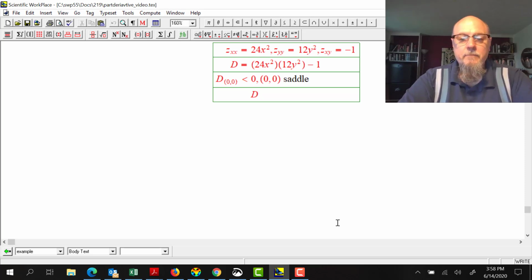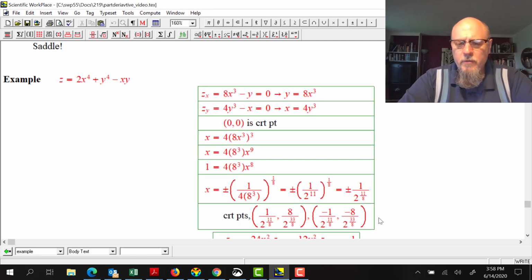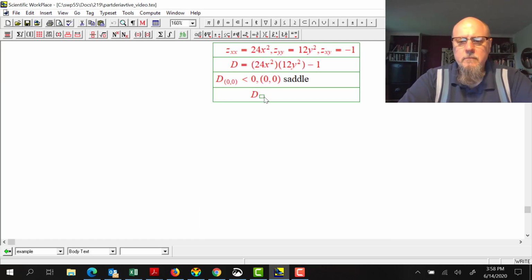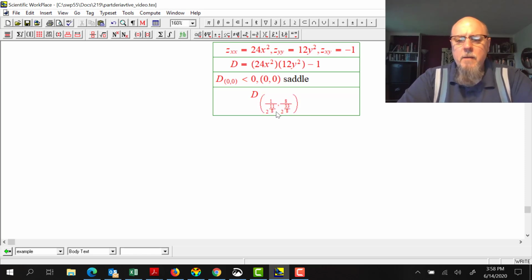Next, we're going to plug in the other points. But note to self here as I put them in. Let's put the first one in there. That's going to be 24 something squared. It doesn't matter whether I put the plus and the plus in here or the minus and the minus in here, because they end up being squared. So the value of big D will be the same.